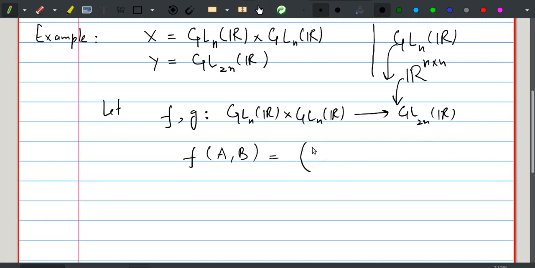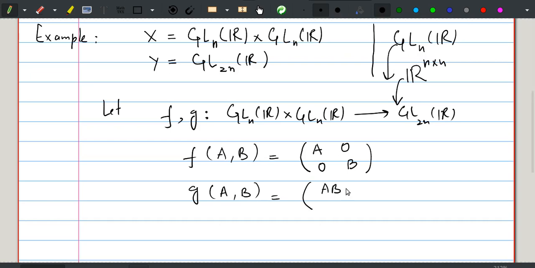So we can define f like this: a block matrix with the leading blocks A and B, where A is an n cross n matrix and B is an n cross n matrix. So this is a matrix of order 2n, and g takes this pair (A, B) to the block matrix AB, 0, 0, and I. Here AB is an n cross n matrix, I is the n cross n identity matrix.